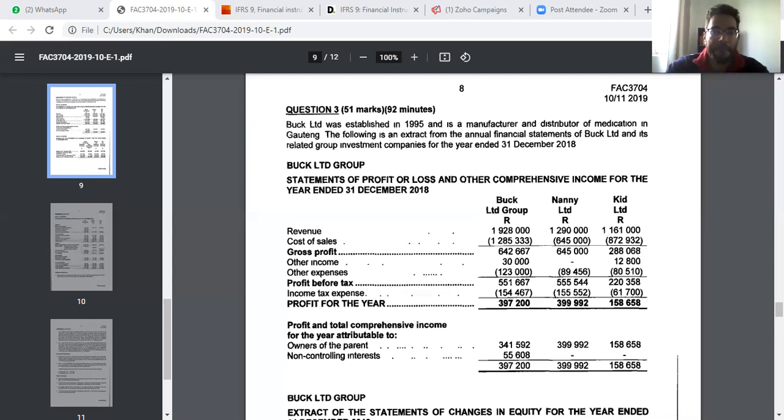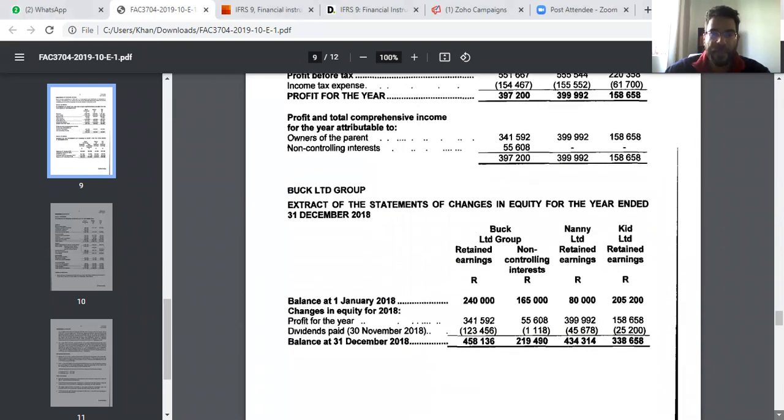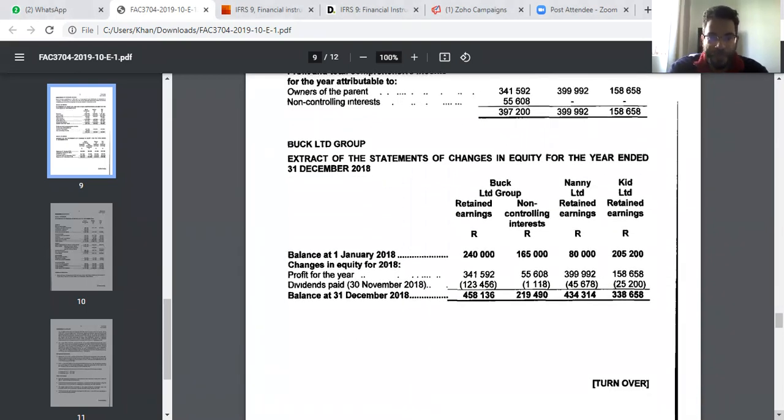Then we have the profit attributable to the owners of the parent and to non-controlling interest. Then they give us a statement of changes in equity for the current financial year, with profit for the year, dividends paid, and the balance at 31 December 2018.